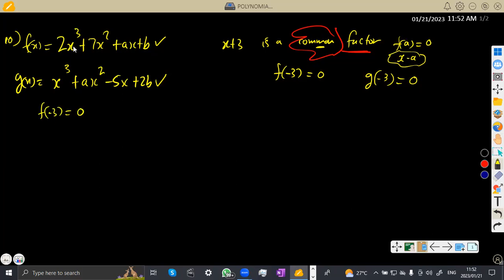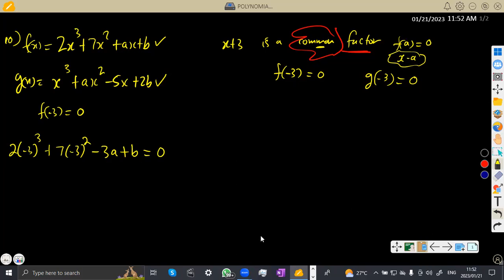In place of x, I'm just going to substitute minus 3. So it's going to be 2 into minus 3 cubed plus 7 into minus 3 squared, then here it's ax, but our x is minus 3, so it's minus 3a plus b is equal to 0.